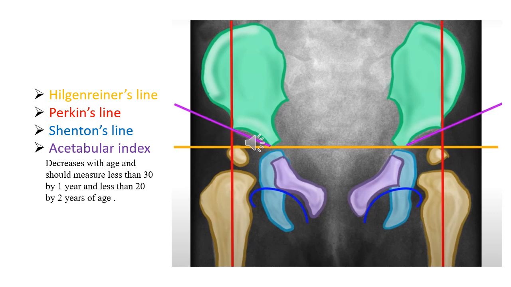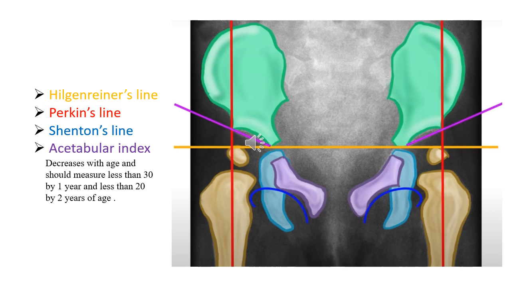And then you need to draw some lines. The yellow line is the Hilgenreiner line, which is a line combining what we call the triradiate cartilage on each hip. And the second line is the red line, which is the Perkins line, which is a perpendicular line to the Hilgenreiner line, starting from the lateral edge of the acetabulum.